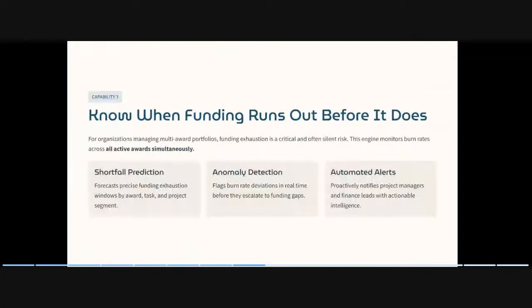Capability 3, I have introduced before, for companies managing grants and multi-award portfolios. As I mentioned before, a public sector company is getting funds from federal, state, bonds, grants, lots of other various counties, things like that. So they are sharing 80, 10, 5 percentage of contribution to a project from different grants, funding exhaustion, right?